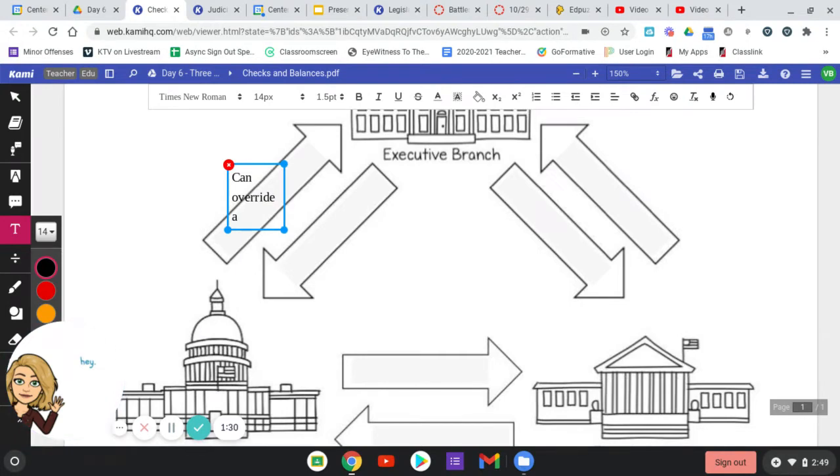Override a veto. So if the president vetoes a bill, the Congress can override the veto if they have enough votes.